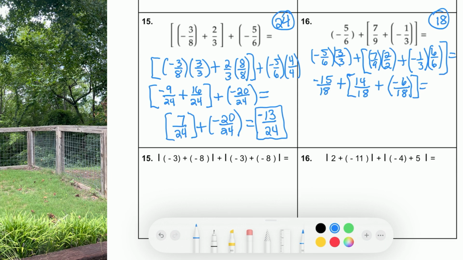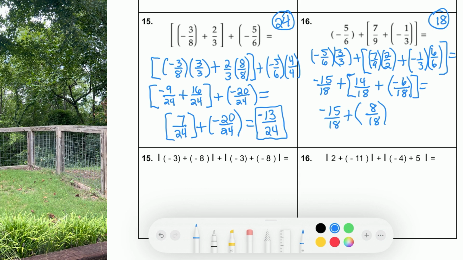14 18ths plus negative 6 18ths have two different signs, so we need to subtract and keep the sign. So 14 minus 6 is going to be 8 over 18. The 14 is greater than the 6, so it's going to be a positive. And then I'm going to rewrite this part.